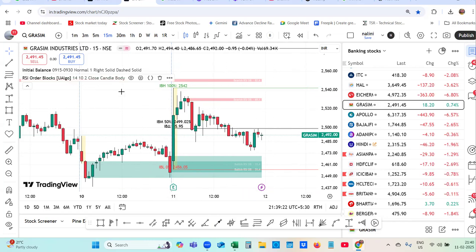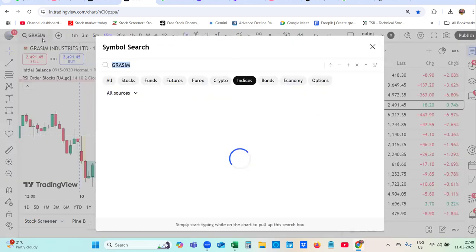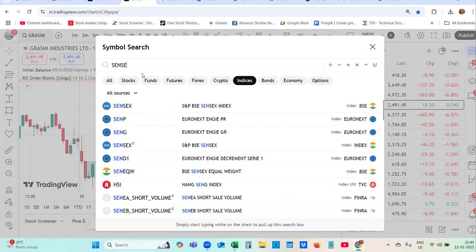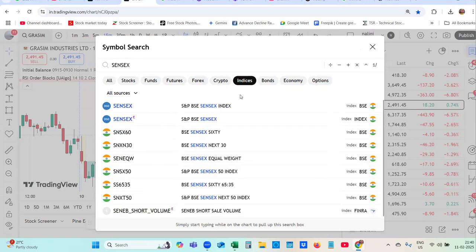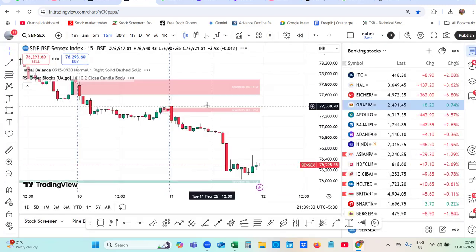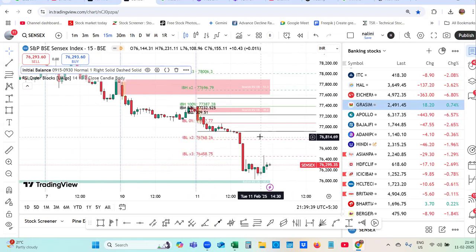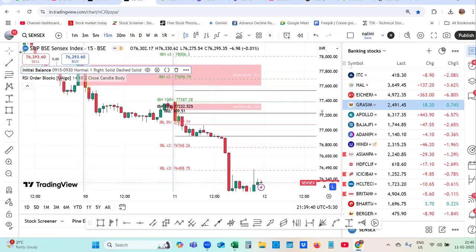Let us go to the Sensex index. You can see it is plotting the initial balance.